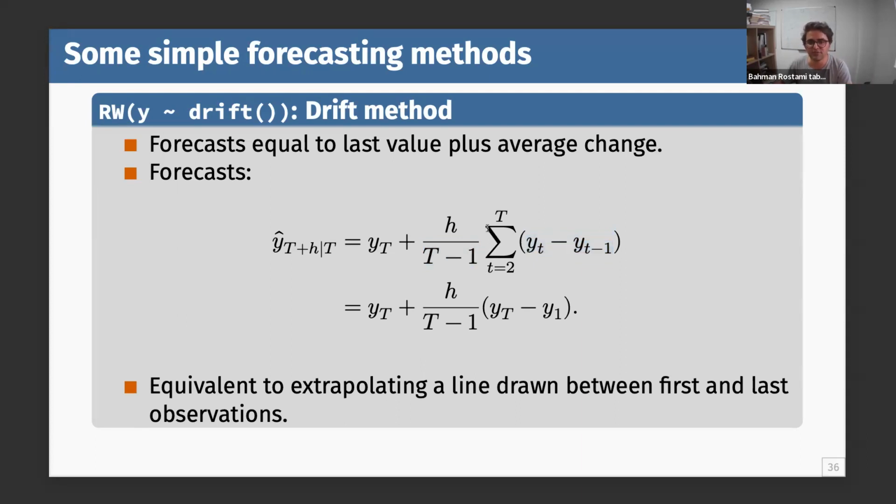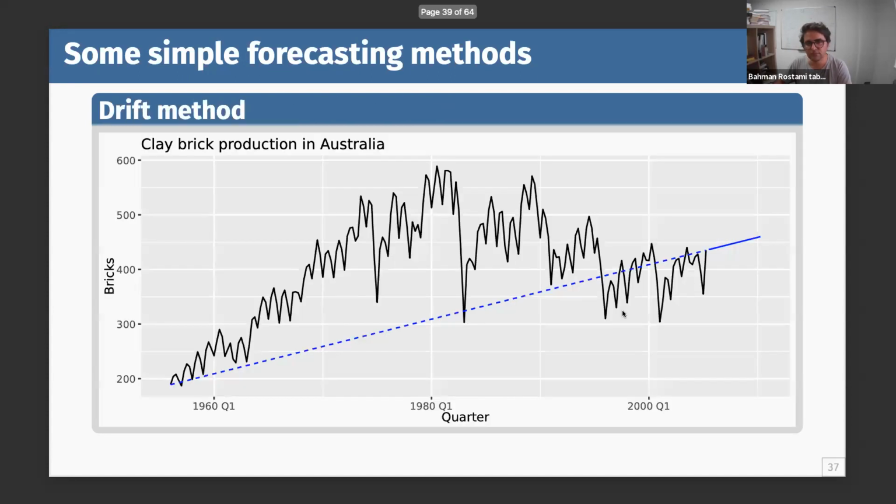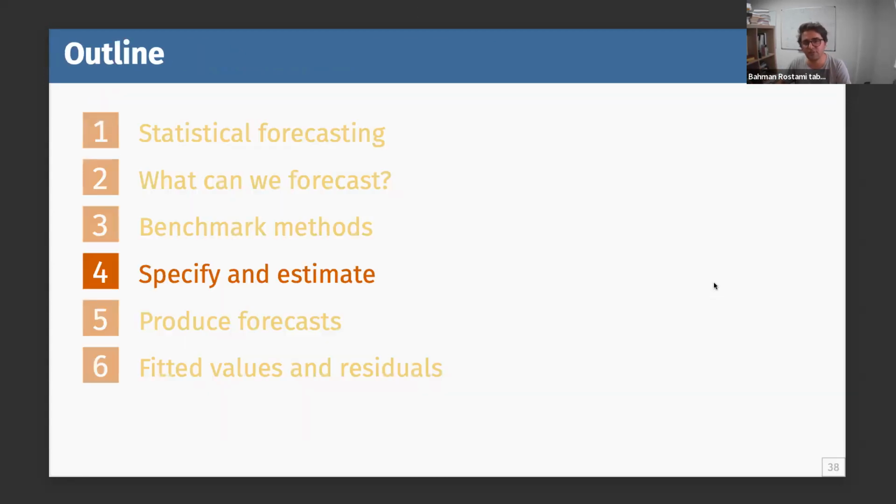If you do some simple math, you can show that these two are exactly the same, because they cancel out each other here. And this H is for the H possible future periods, the forecast horizon. So it is like extrapolating a line from the first observation to the last observation, and then continuing like this for the future. So these are 4 simple methods.